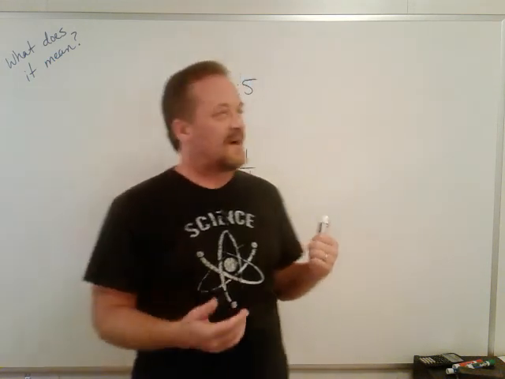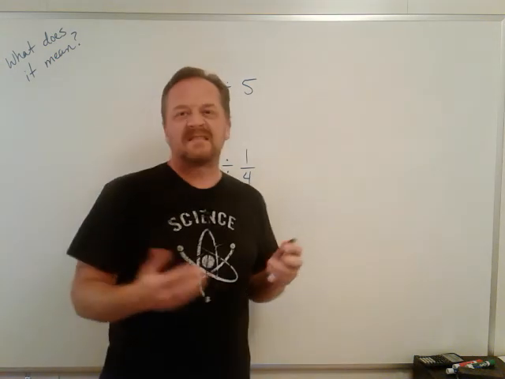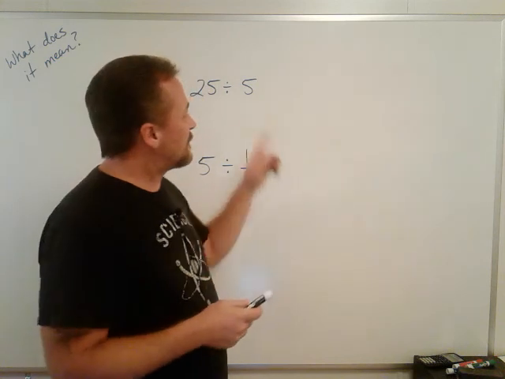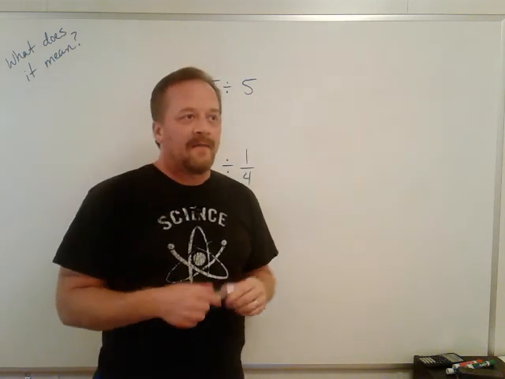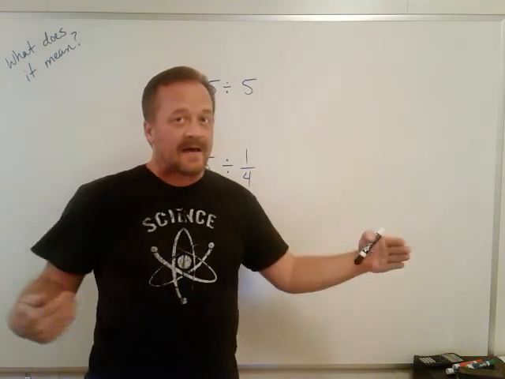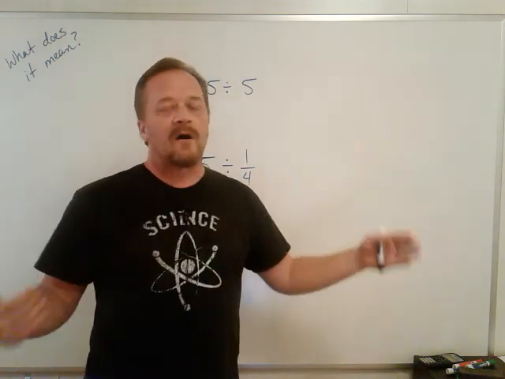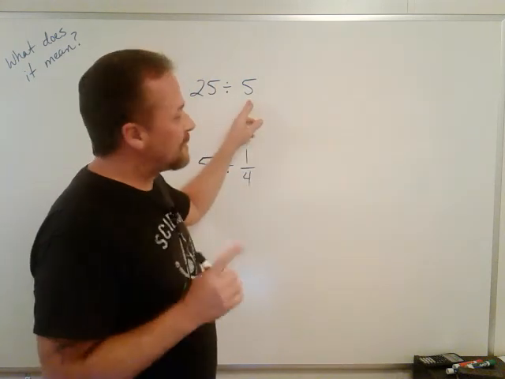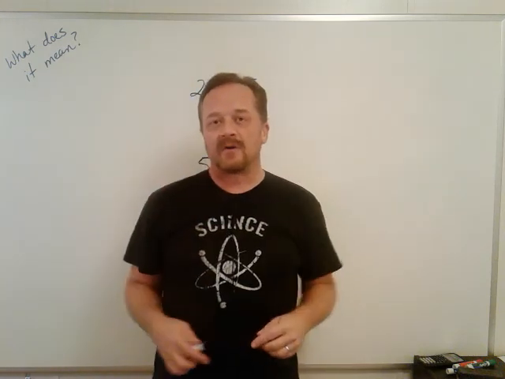If I have 25 of something, let's say I have 25 cookies that I just baked, and I want to share those with 5 of my friends, that means that I'm going to look for a way to divide or split up all of those cookies into equal groups so that each one of my 5 friends gets the same number of cookies.